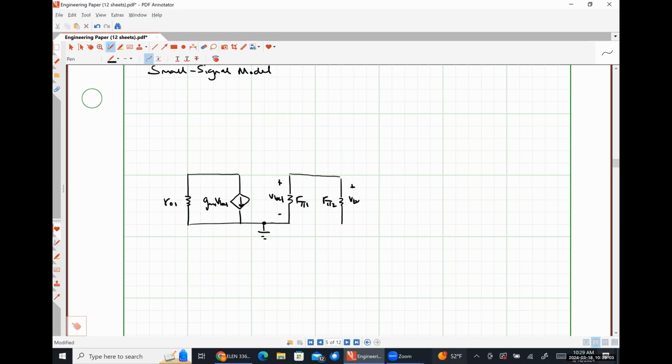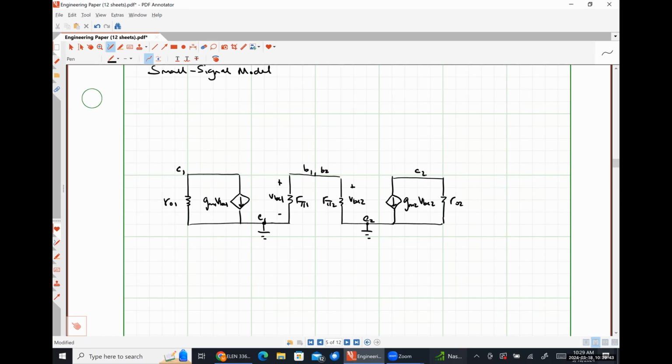RPi2, VBE2. GM2, VBE2, R02. Let me just label some things here. So this is the collector of transistor 1. This is the emitter of transistor 1, the base of 1, the base of 2, the emitter of 2, the collector of 2.